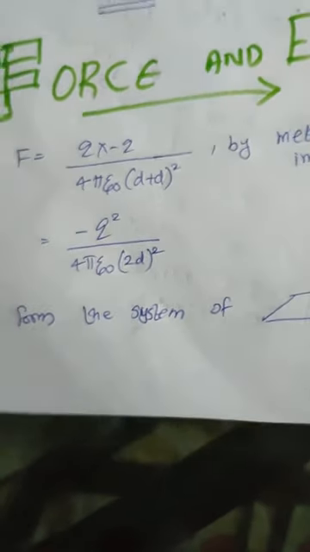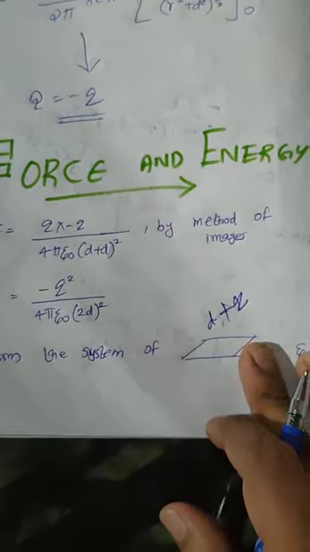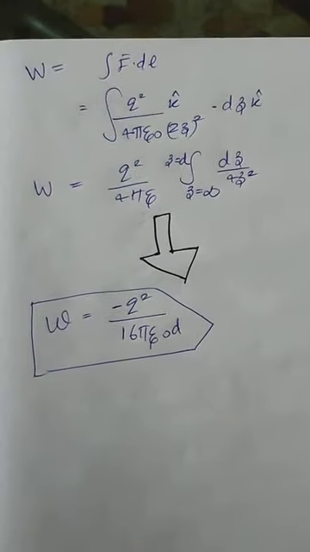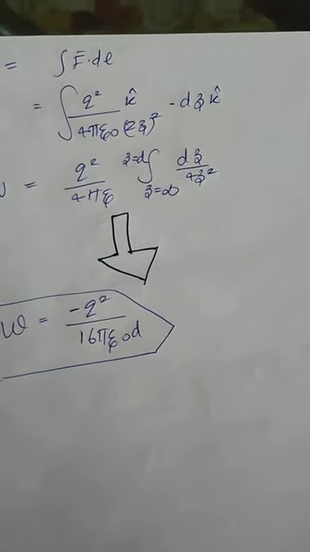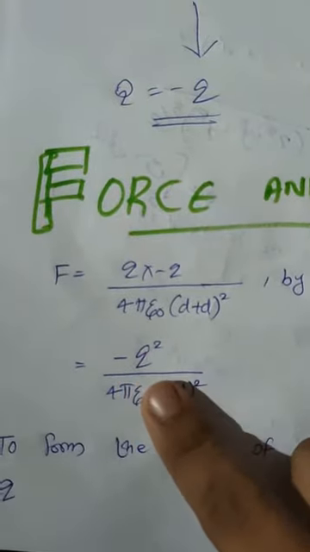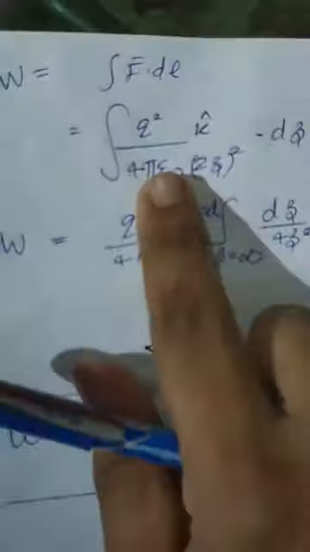In order to form this system of charge configuration, where we have the plane sheet and the plus q we place directly at an altitude d, we have to perform work. Without performing work, we cannot put this into a stable form. So we would like to find out the work that we have to do. This is the Coulombic force, and we have to apply a force against it, so we use plus F against the Coulombic force.